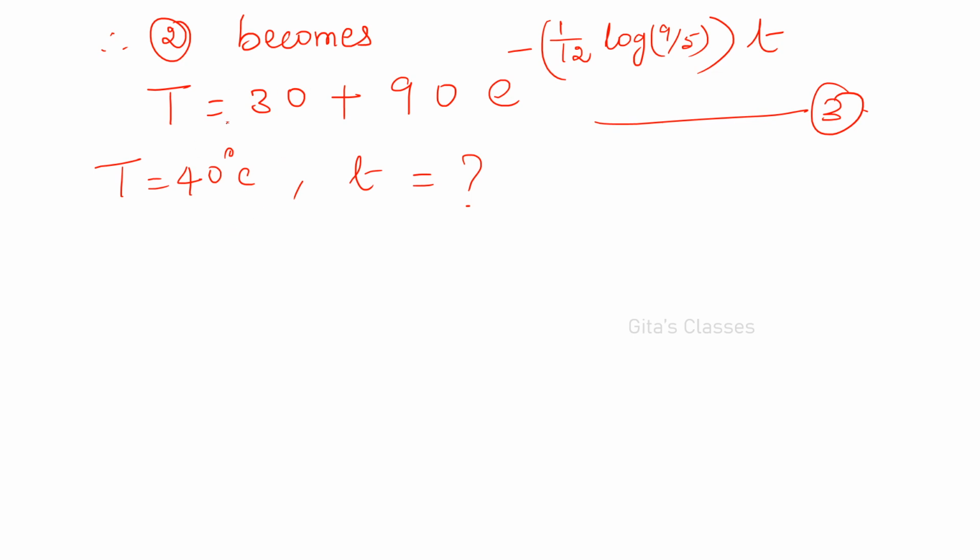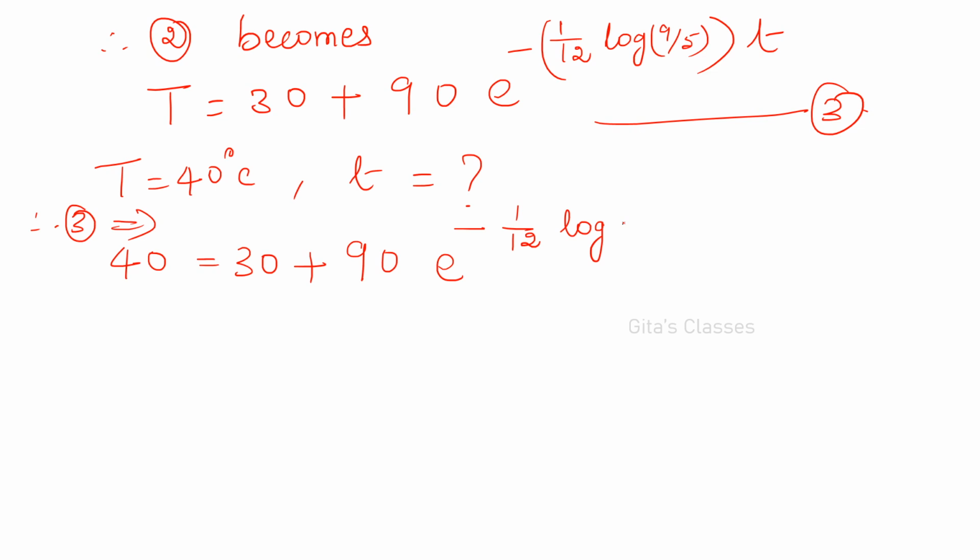Okay. So now substitute in this capital T is equal to 40. You have to find out small t. So 40 is equal to 30 plus 90 into e power minus 1 by 12 log of 9 by 5 into t.